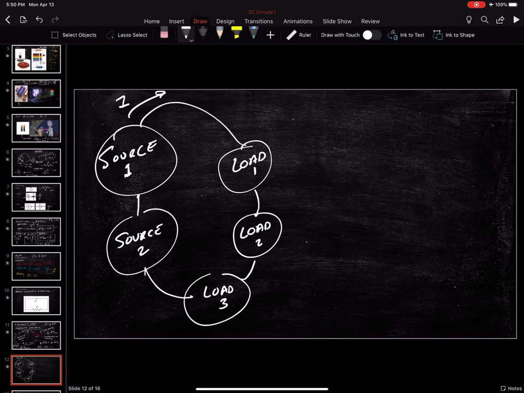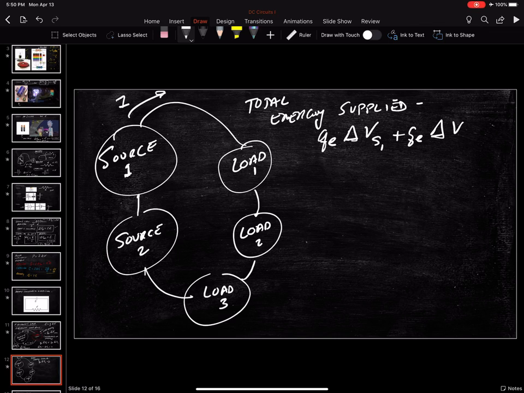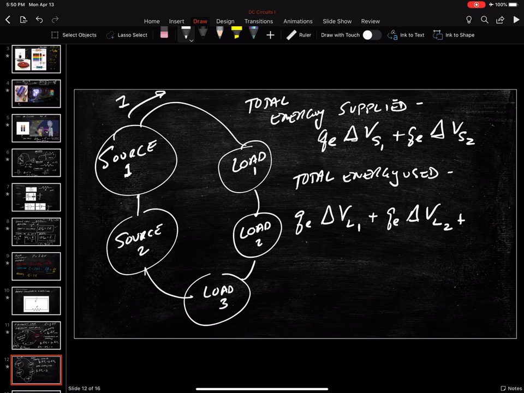Okay? So if I think about these things, the total energy supplied should be Q electron times delta V source 1 plus Q electron delta V source 2. Okay? Both of these sources are providing an increase in the energy to the electrons which are going along in there. Okay? Total energy used should be Q electron delta V load 1 plus Q electron delta V load 2 plus Q electron delta V load 3.